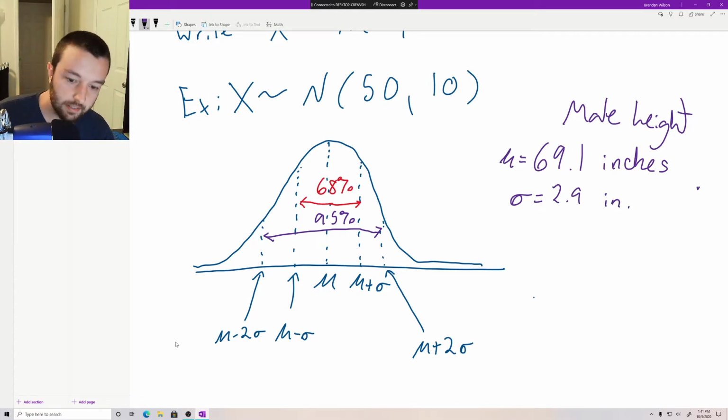So that means if we think about 1 standard deviation away from the mean, and let's just round the numbers, right? The average is 5'9". The standard deviation is about 3 inches.